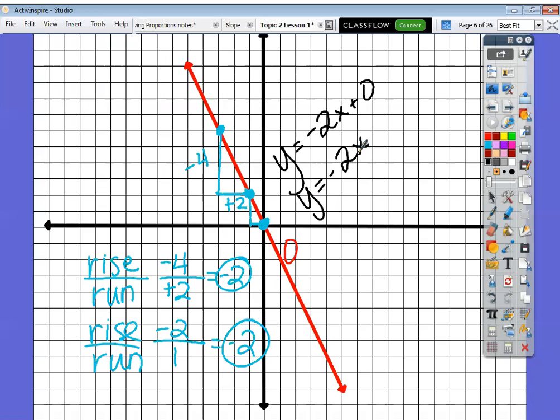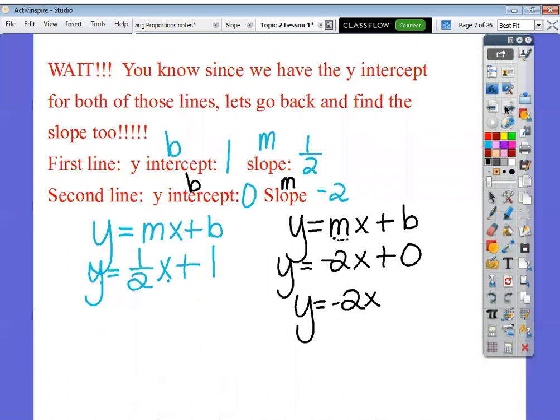Okay, so again, how we wrote our equation is you had to find the y-intercept and you had to find the slope, and then all you do is you substitute in what you found the slope in for your m. M is slope.